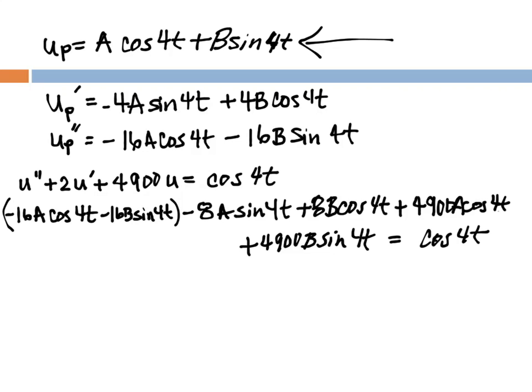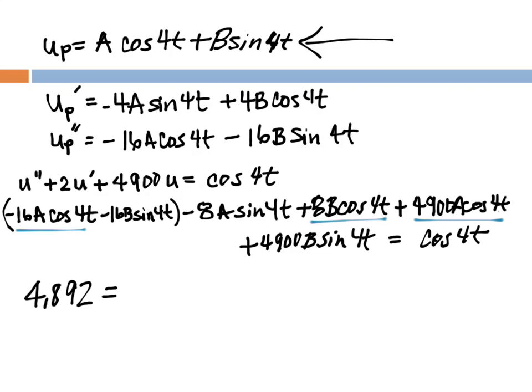Holy moly, let's collect our cosines. There's a cosine, and there's a cosine. How many cosines do I have? Negative 16, positive 8, and 4,900. So 4,900 minus 8. Go. 4,892. And that would equal, yeah, I should have had a, oh wait, hang on a second.